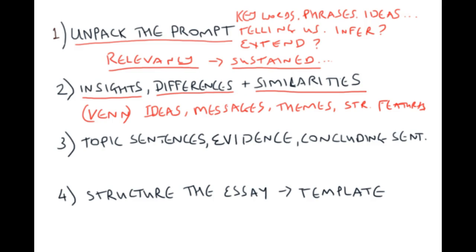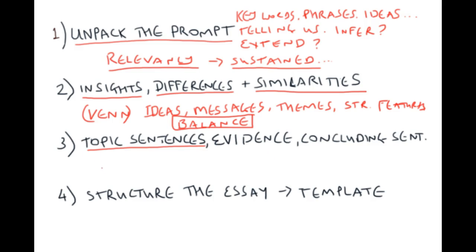And what we want to make sure is that we have a balance between the two texts when we're thinking about these ideas, messages, themes, and so on. Okay, the third step that we take then is to start thinking about the topic sentences that we're going to use.